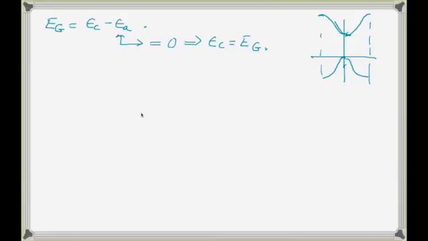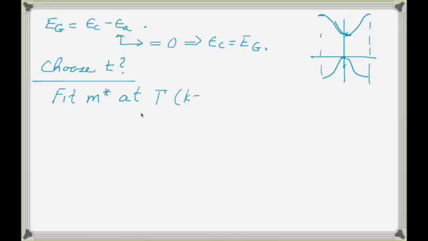Well, that's easy. And now what about T? How do you choose T? Well, T is the other parameter. T is chosen to fit the effective mass at gamma, to give you the right m star, or effective mass, at the gamma point, which is k equal to 0, and which is your band edge.